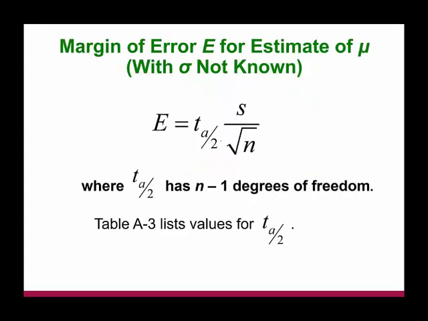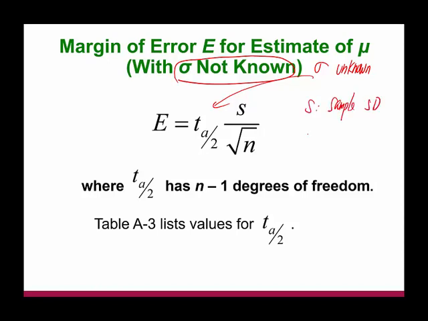Now the margin error formula for estimating mu when sigma is unknown, and typically we're going to use a critical t-value. So margin error equals the critical t-score, t alpha over 2, times the sample standard deviation over the square root of n, where n represents the sample size.